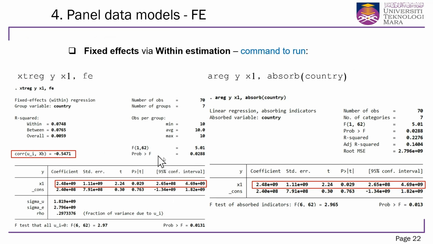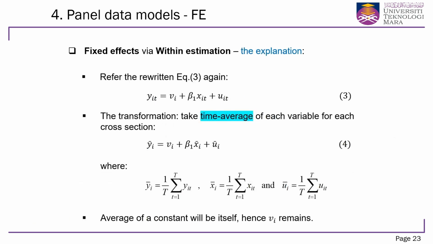After we get the results, let's understand further about the within estimation model. Here is the explanation about the within estimation. Recall this equation 3 where we include a notation of vi into the model to capture the unobserved heterogeneity factor that is specific to each country in the model.